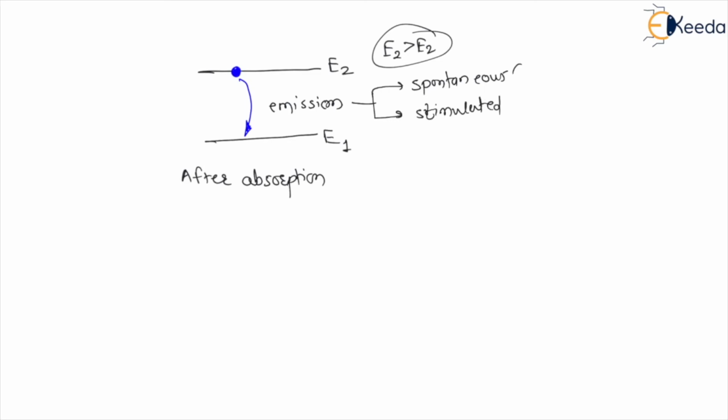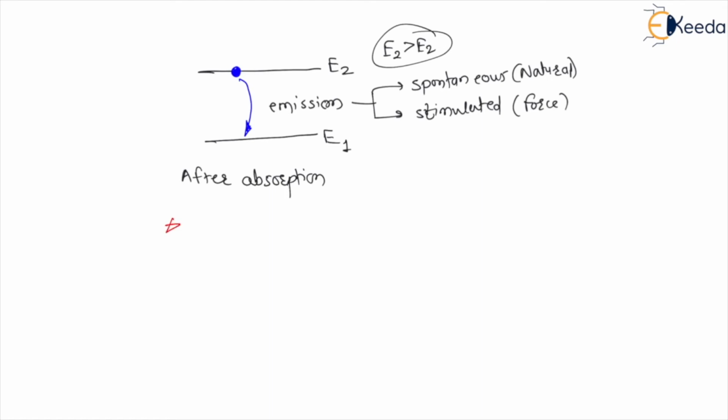Spontaneous emission is a natural process, and stimulated emission is a forced process. Now my dear students, generally the electrical bulb in your home has spontaneous emission, which is a natural process. But in the case of laser light, there is stimulated emission of the electron or photon, right?